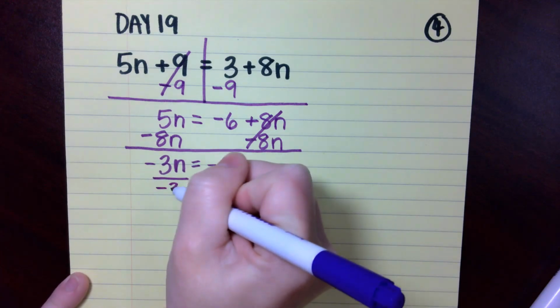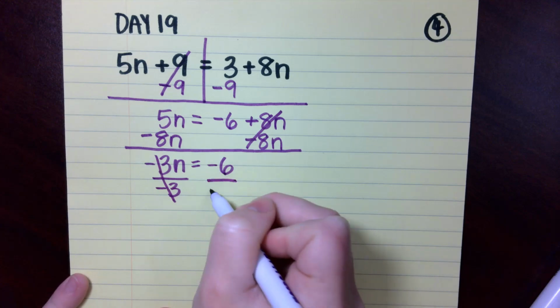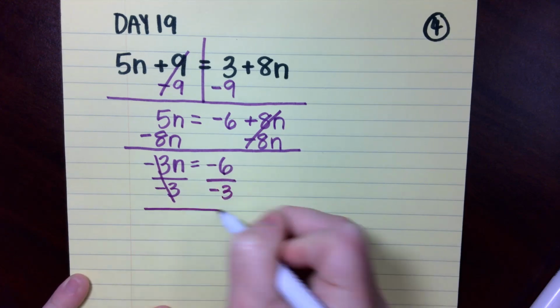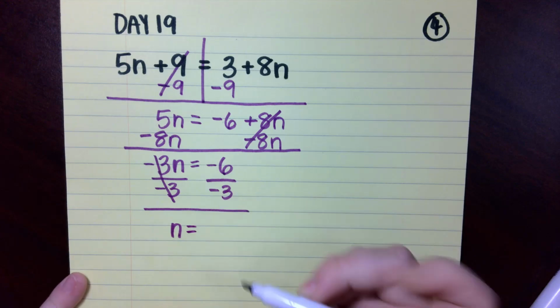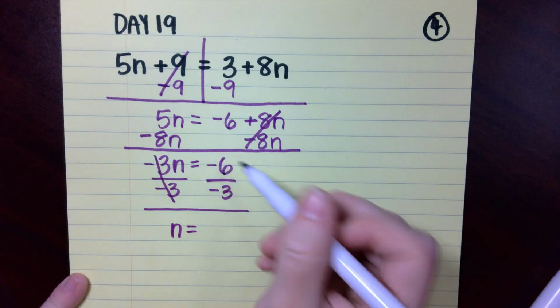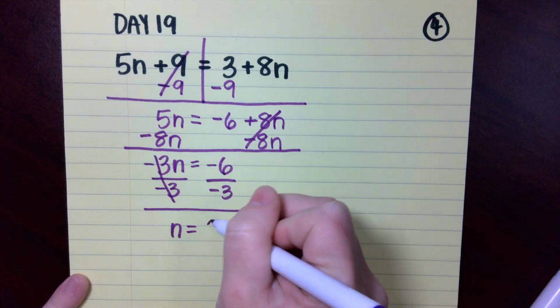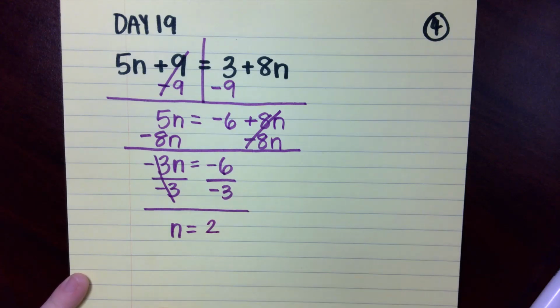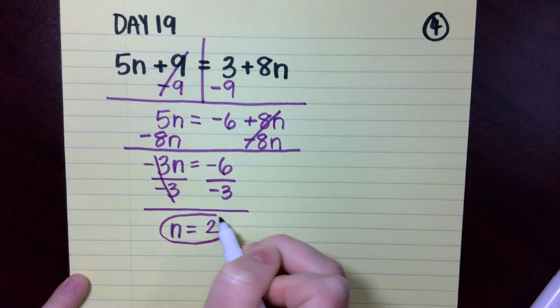Yep, my -3's will cancel. So I'm left with n equals, and then what is -6 divided by -3? 2. Positive 2. Good job, guys.